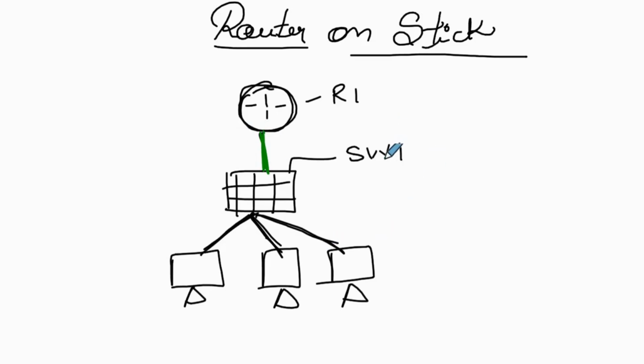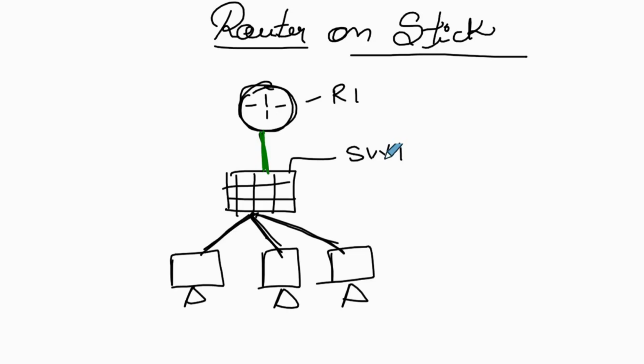Connected to S1, but we can actually divide this one single interface into three separate sub interfaces, which will allow us to perform inter-VLAN routing with only one physical interface.